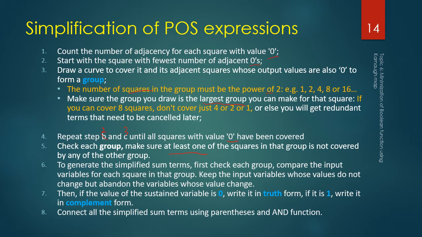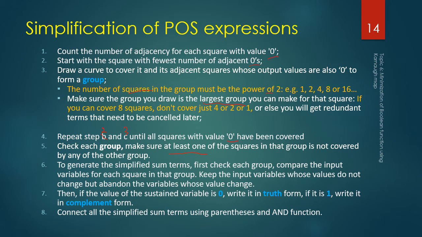Step 6. In order to generate a simplified subterm, you still do a similar thing. Compare the input variables for each square in that group. Keep the variables whose value does not change, but abandon the variables whose value changes.